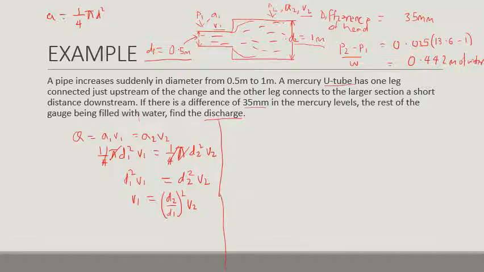So let's just put that in mind, and then let us see what we can do again here. Okay, we can apply Bernoulli's theorem between point 1 and point 2.